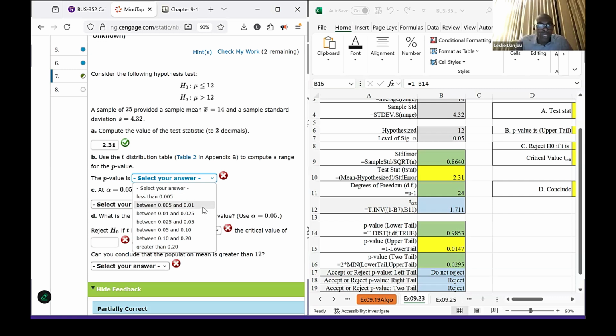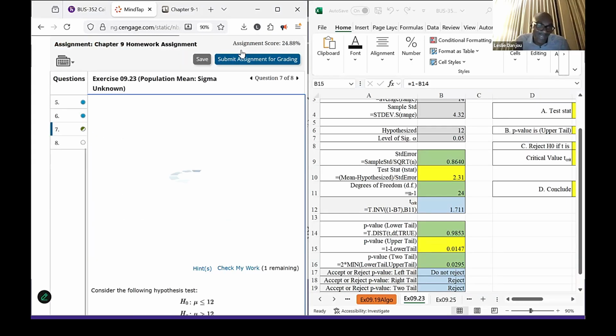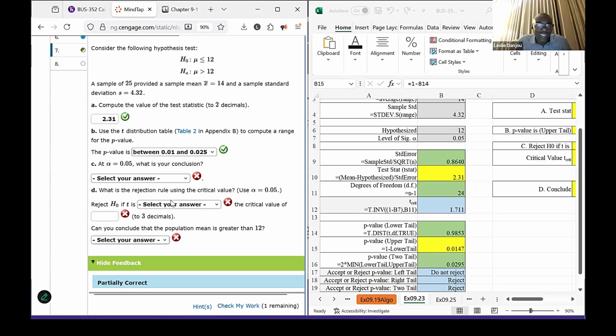When I'm doing this drop down, I'm looking at 0.01, and you see how it's in between those two numbers? Start off where that digit is, and then make your selection over here. Hopefully that makes sense. Check your work. Yes, indeed. Just get the rest of these right.